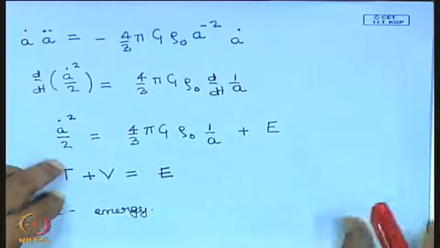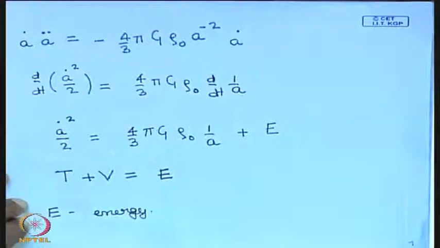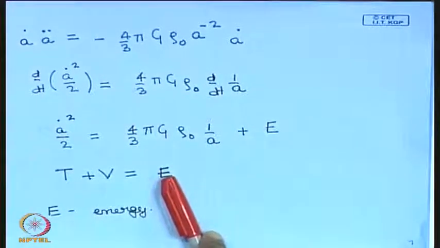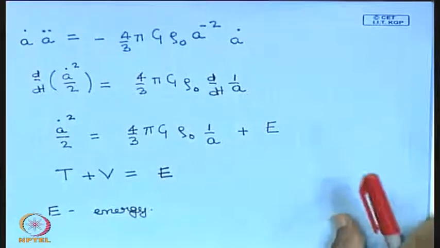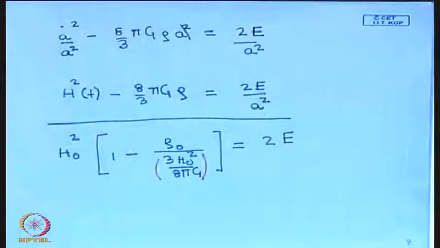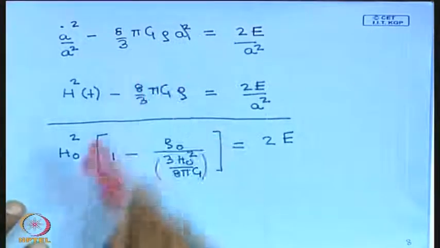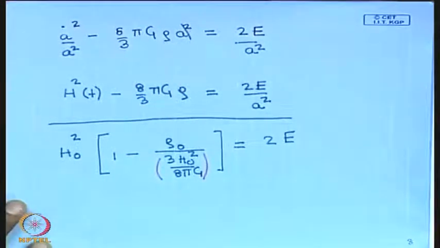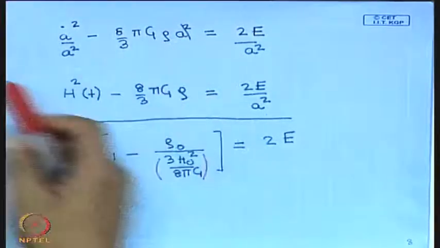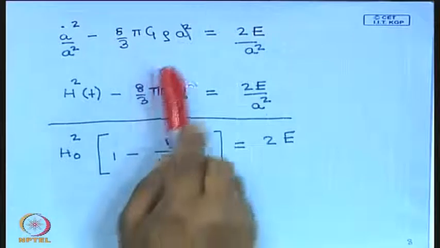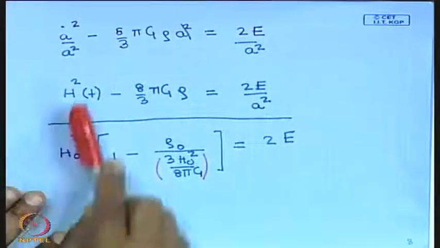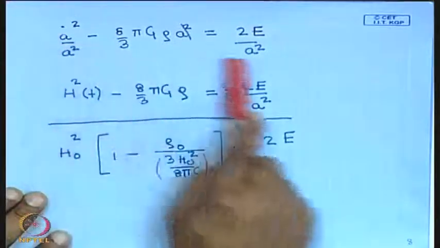Then I addressed the question: how can we determine the value of E, at least in principle? To address that question, we wrote the same equation in a slightly different form. We replaced rho naught here with the density into a cube, and we then obtained this equation.